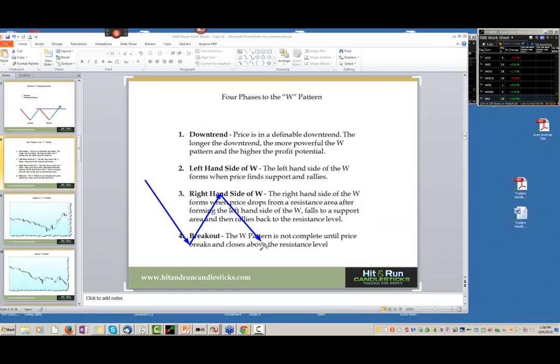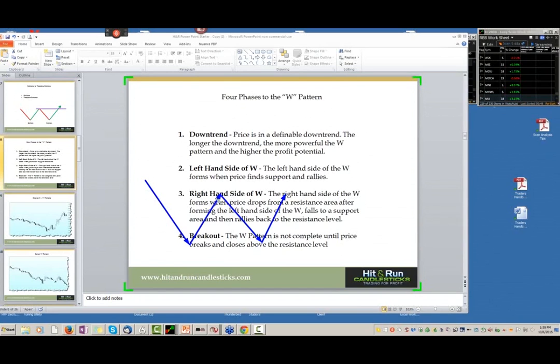We come back down, and right here, that becomes support for creating that right-hand side of the W pattern, where the rally starts moving up, and then the drop starts moving down at that top, and usually it's an area. I don't know that I would always use the very tippy top.